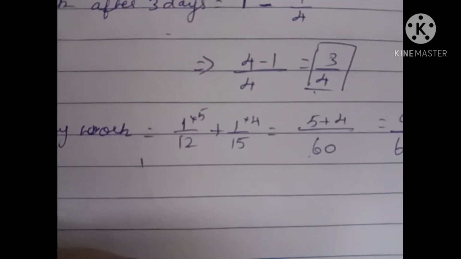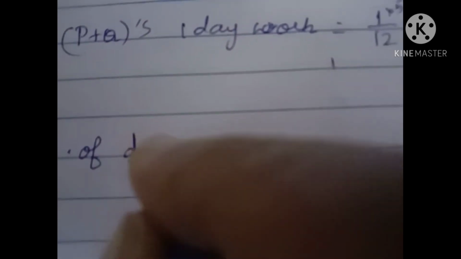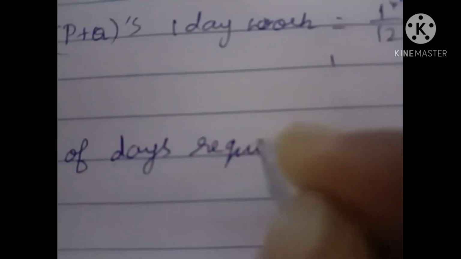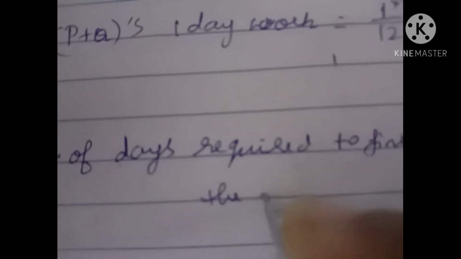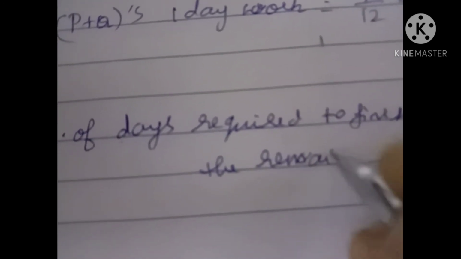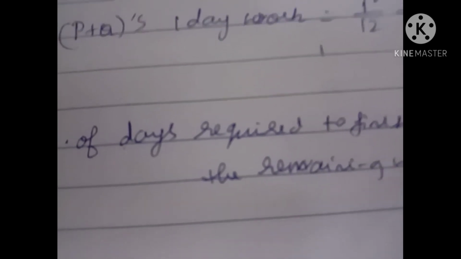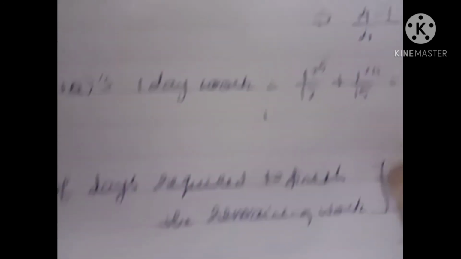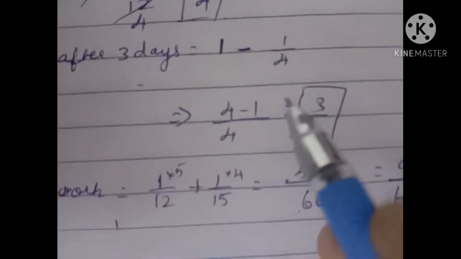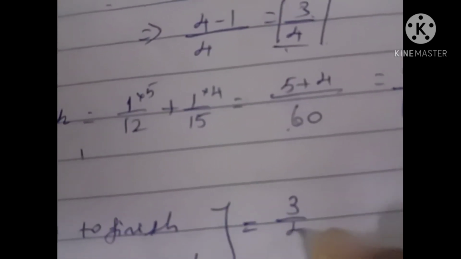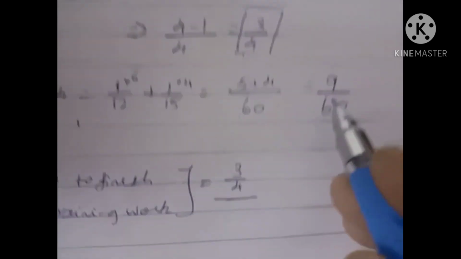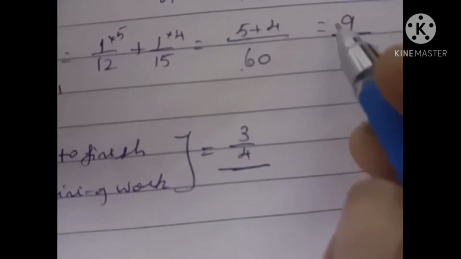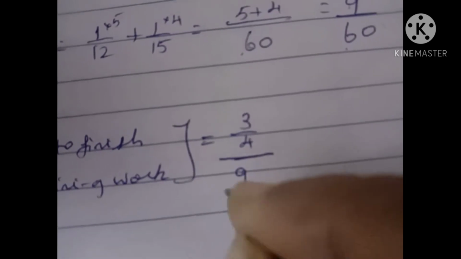Therefore the number of days required to finish the remaining work is equal to the remaining work after 3 days, 3 by 4, divided by what they complete together in a day, 9 by 60. So 3 by 4 divided by 9 by 60.